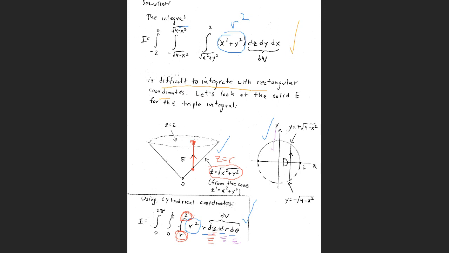That's taking the intersection, that circle, and projecting it down into the xy plane. So at that point, along there, 2 is equal to the square root of x squared plus y squared.